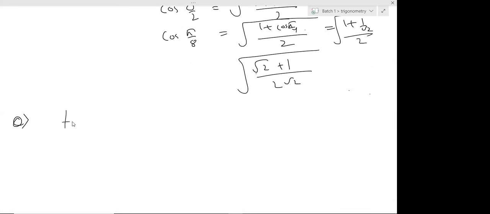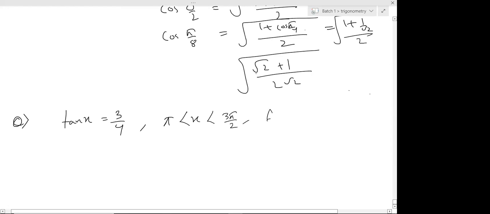If tan x is 3/4 and x is greater than pi but less than 3 pi by 2, find the values of sin x by 2, cos x by 2.